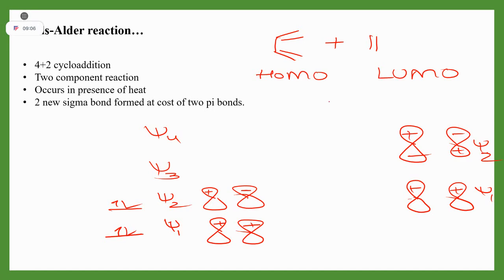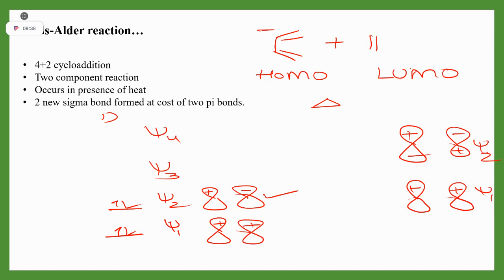Now, Arjun, tell me, in the ground state, or we can say in thermal conditions, which is going to be the HOMO of this diene among these four wave functions? Ground state will be psi 2. Psi 2 will be the HOMO, and psi 3 will be the LUMO. See, we have to take the HOMO of one component and the LUMO of the other component. So the first possibility is that you take the HOMO of your diene and the LUMO of your olefin.